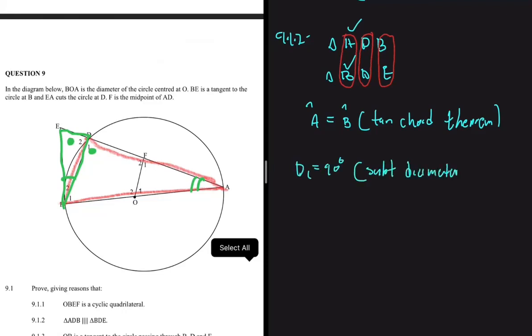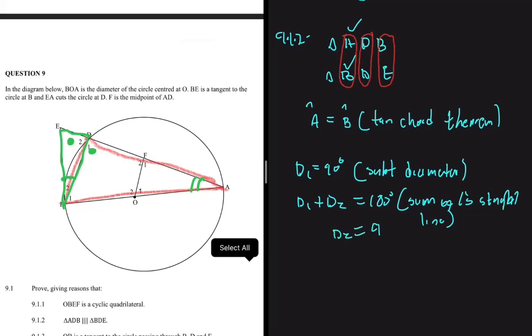But at the same time, D1 plus D2 should be equal to 180 degrees. This is the sum of angles on a straight line. So you can see here that consequently D2 will be equal to 180 minus 90, which is just 90 degrees. So now D1 is equal to D2.